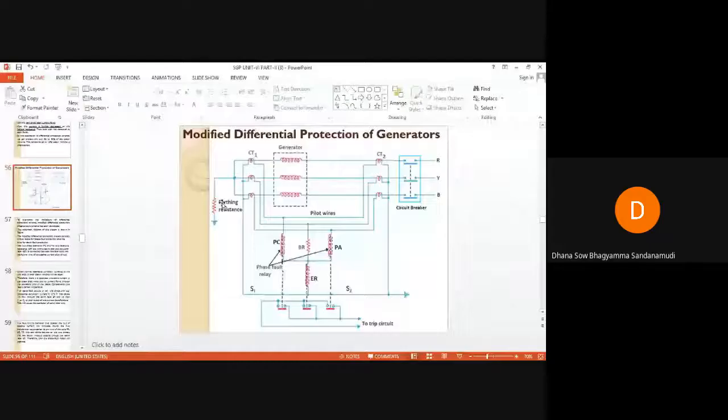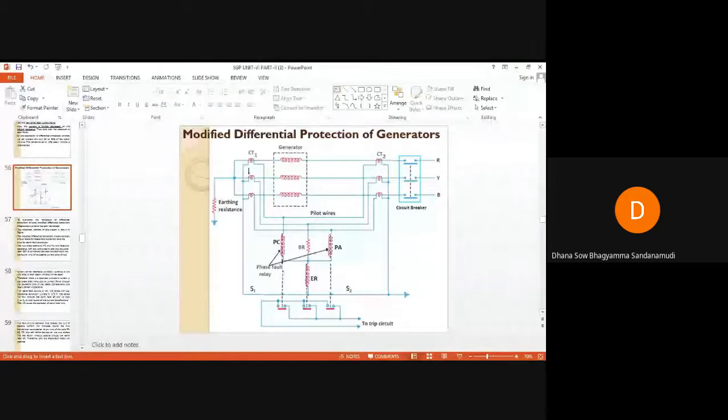Under normal operating condition, the currents at both ends of the stator will be equal, meaning the currents in the primaries of the CTs for all three phases will remain the same.